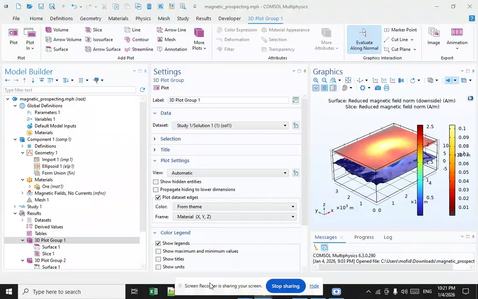Model definition: magnetostatic problems without significant electric currents can be solved in terms of scalar magnetic potential. Variations of the magnetic permeability or remanent magnetization cause small deviations of magnetic fields from the norm. Local geomagnetic anomalies can be modeled accurately using the reduced potential formulation of the Magnetic Fields, No Currents interface.